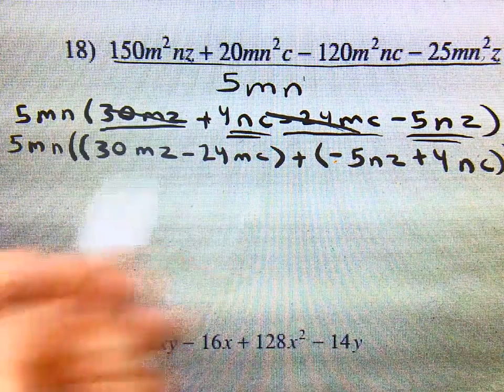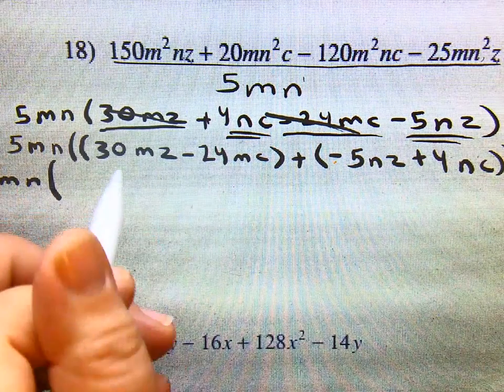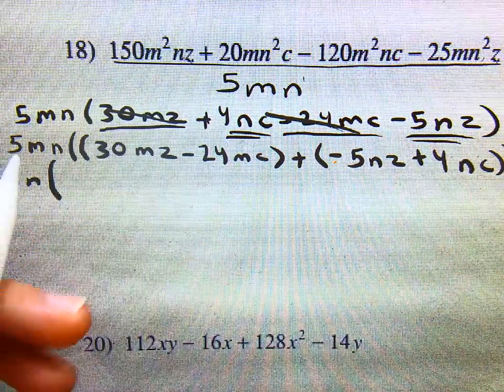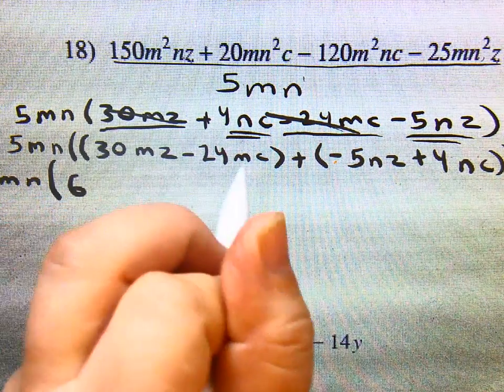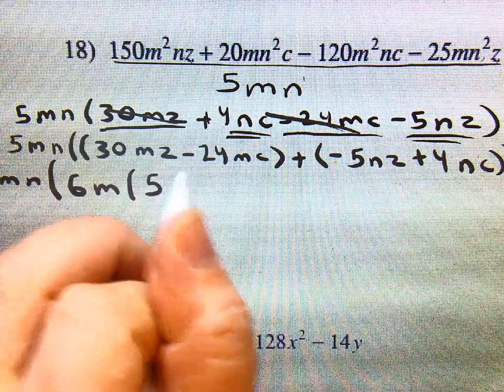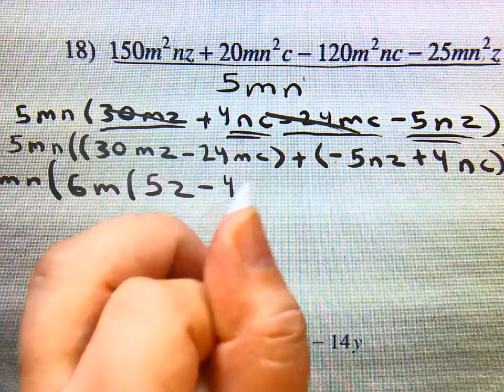Alright, so now let's start pulling out some more stuff. What can go both into 30 and 24? That would be a 6. What can go into MZ and MC and M? So I'm left with 5Z minus 4C.